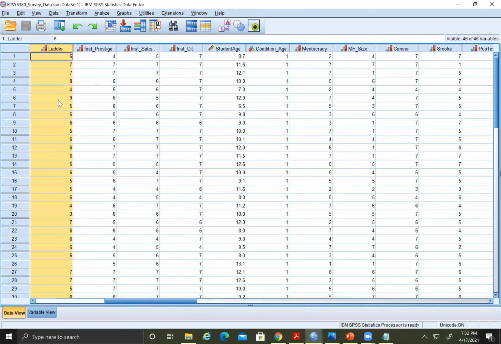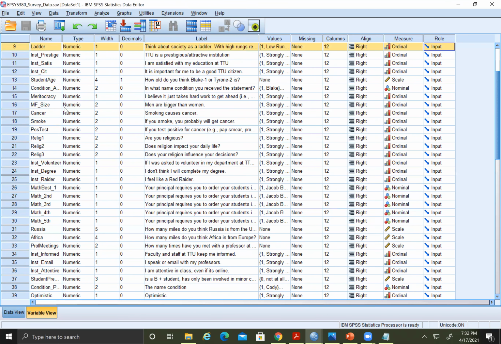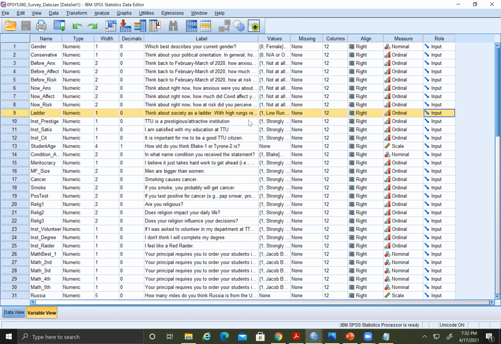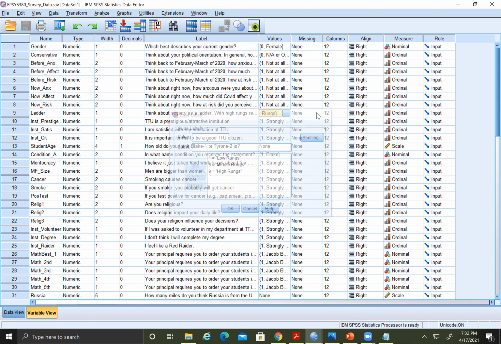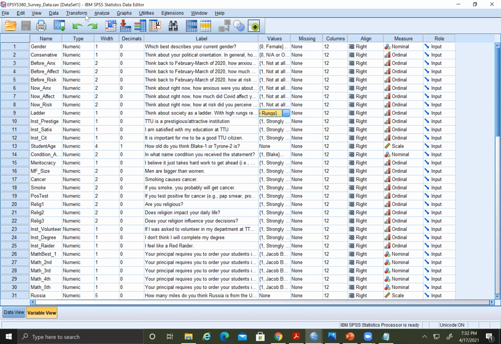So what we will do is recode. We will make 1 to 5, 1, 2, 3, 4, 5 as low, 6 as middle, and above 6 as high, so that we have 3 groups.